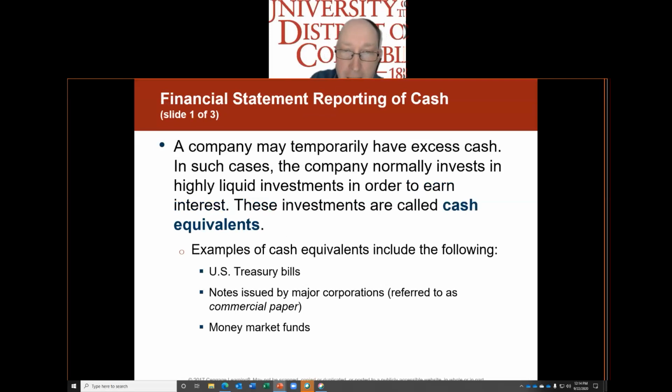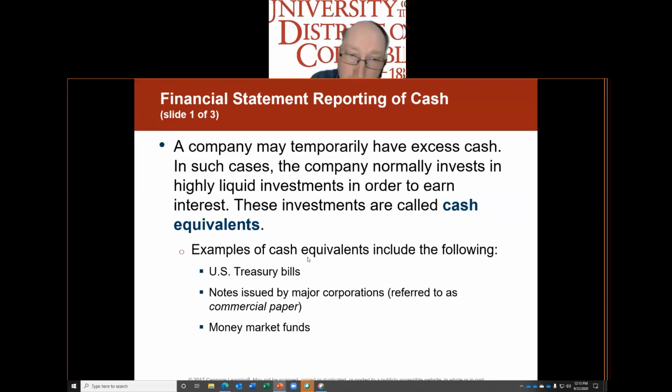Talking about cash equivalents. Companies may have temporary access to cash. The company normally invests in highly liquid investments in order to earn interest. If the purpose of an investment that a company has is to increase its interest income, we call that cash equivalents.